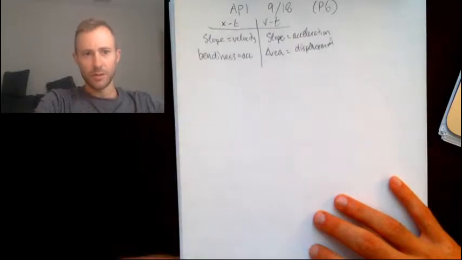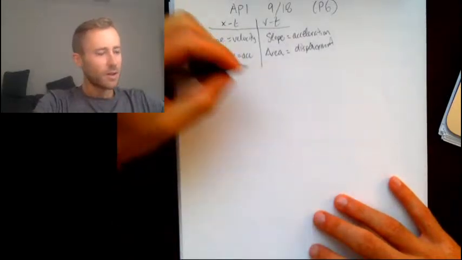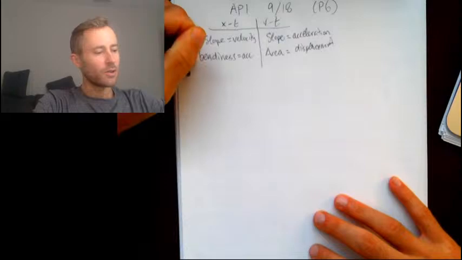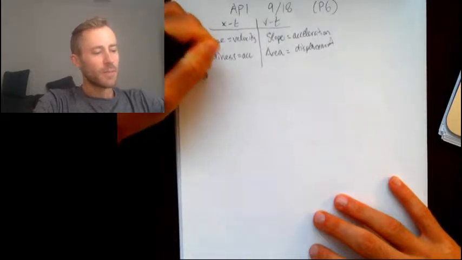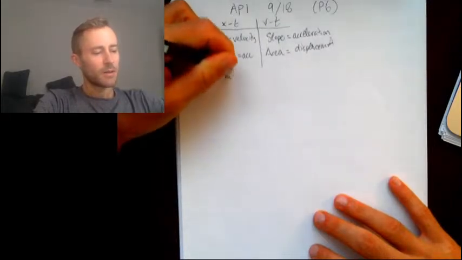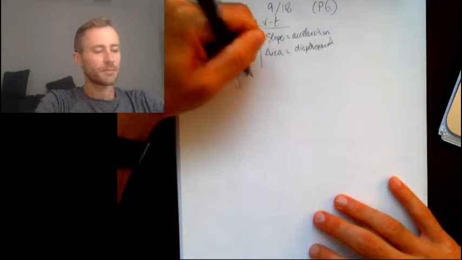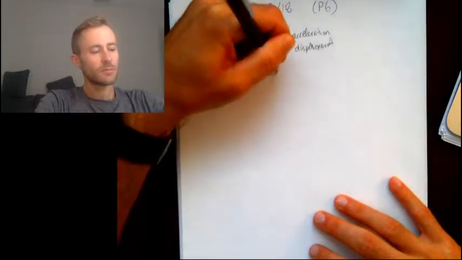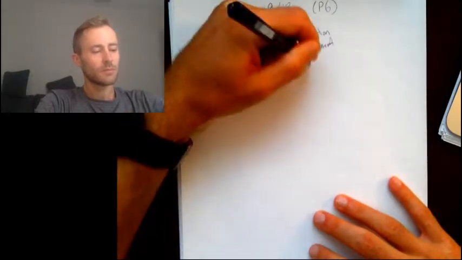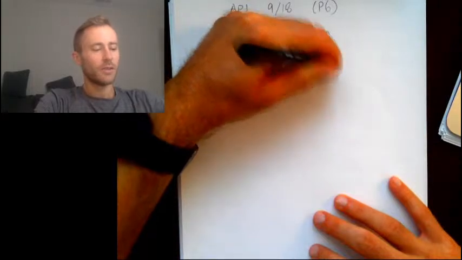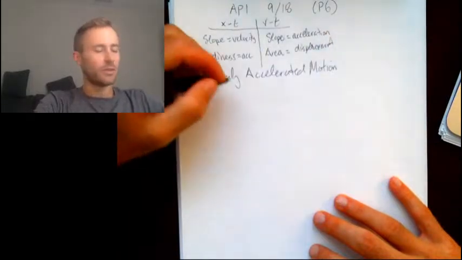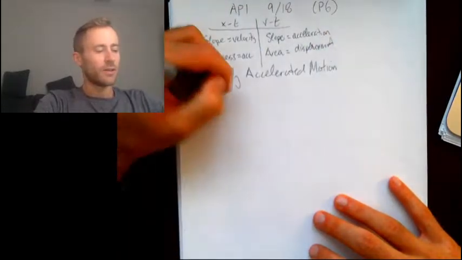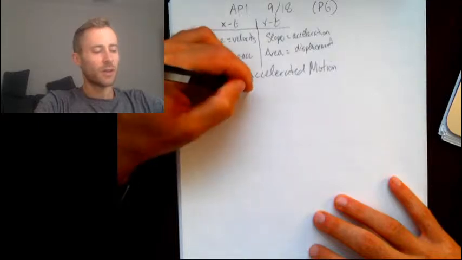So today we're going to kind of move on from velocity time graphs. We're always going to have that in the back of our mind. But we're going to talk about something called uniformly accelerated motion. And uniformly accelerated motion means that the acceleration is constant.